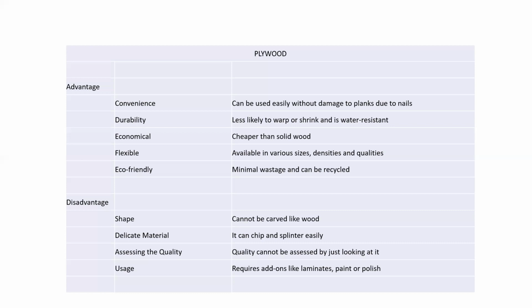Otherwise, there are cheaters who sell non-branded ply as branded ply. Another disadvantage is that it is not a final product, so we have to treat the plywood surface with laminate, veneer, or polish.